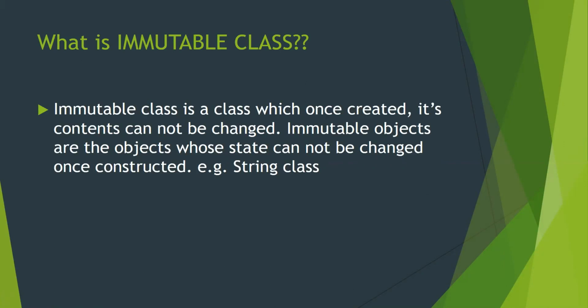My requirement is, as soon as I instantiate the object of the class Employee, its contents cannot be changed after the instantiation. So at runtime, you are assured that the contents of your class cannot be changed. So this is what an immutable class is.